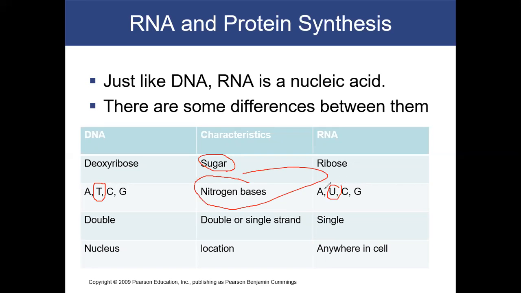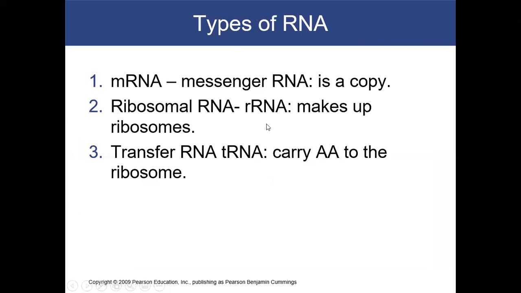In terms of their strands, RNA is single-stranded, DNA is double-stranded, if you can remember from the very first illustration I had there as well. In terms of location, you can find RNA anywhere in the cell in numerous organelles, but DNA is only in the nucleus, right? Okay, let's move to the next slide.